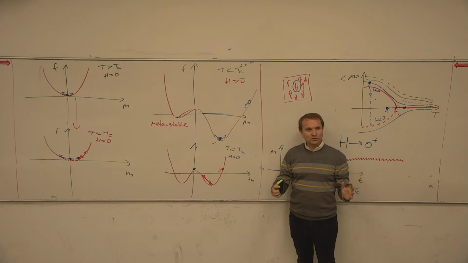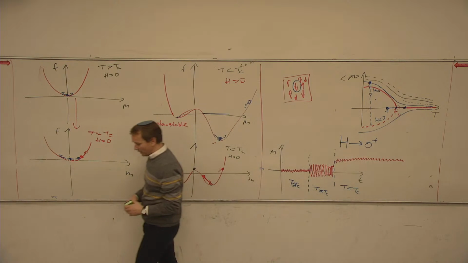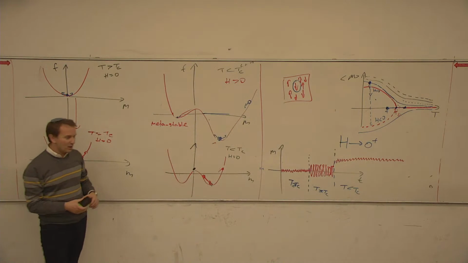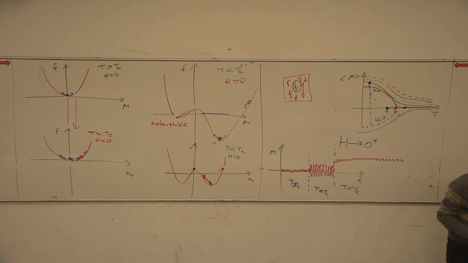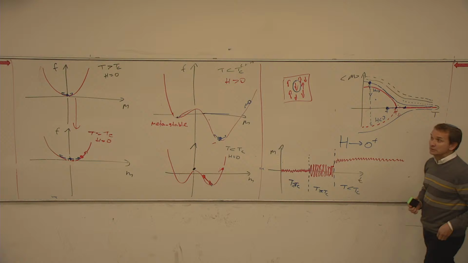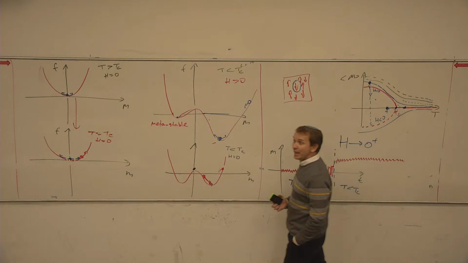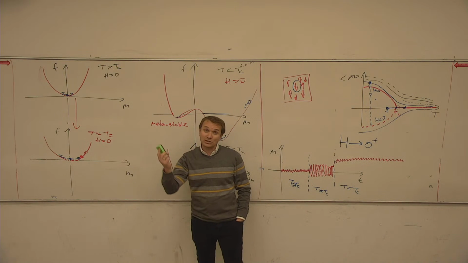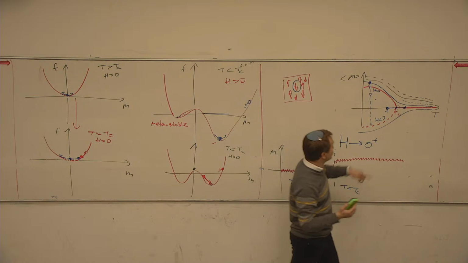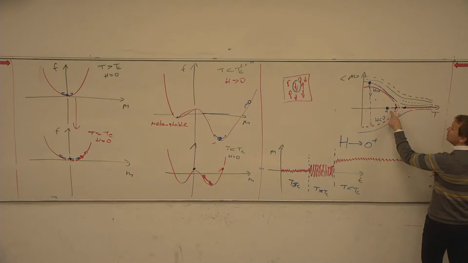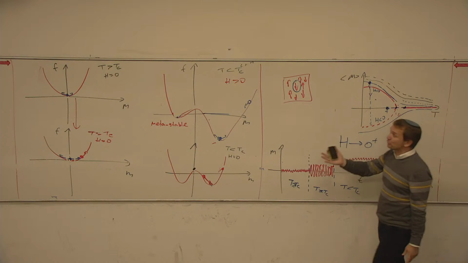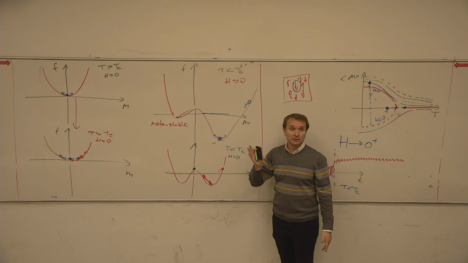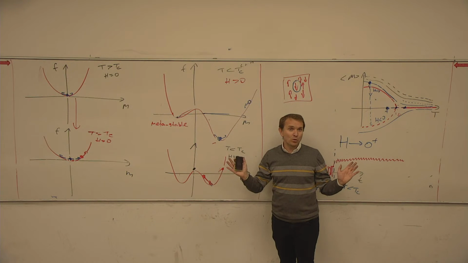Now, given all of this, two people, Lev Landau and Ginzburg, and I forgot the first name of Ginzburg, thought that the only thing that matters in order to describe a phase transition, or to see what's going on in the vicinity of those critical points, is how your free energy looks. That's the only thing that's important.